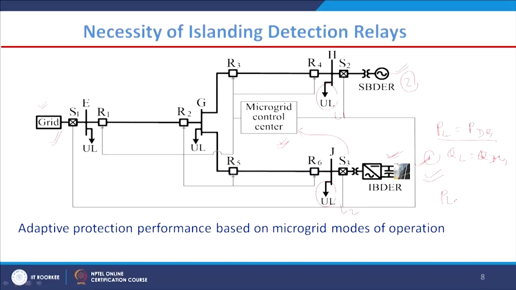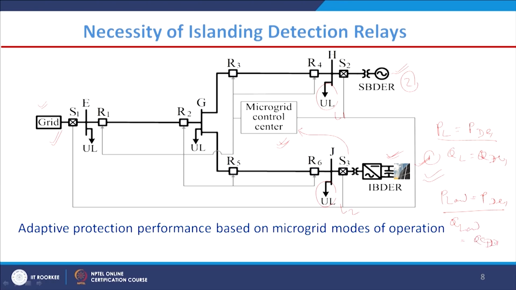Is it possible? It may not be possible. Sometimes it may also happen that P load is equal to PDG, which is known as perfectly power matched condition. And also sometimes it may happen that Q load is equal to QDG.